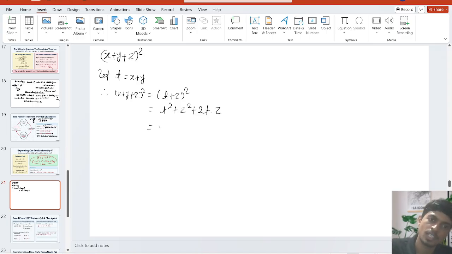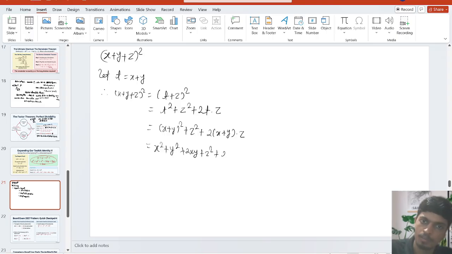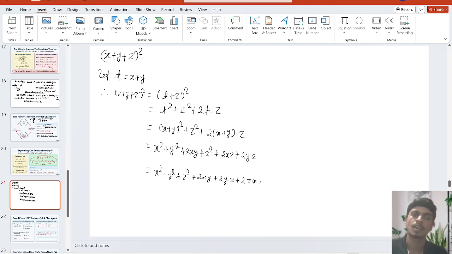Simplify it. Now t is nothing but x plus y, so use it: plus z square plus 2 times (x plus y) into z. Simplify: x square plus y square plus 2xy plus z square plus 2xz plus 2yz. This can be written as x square plus y square plus z square plus 2xy plus 2yz plus 2zx. Okay, so this is the formula of (x plus y plus z) whole square.